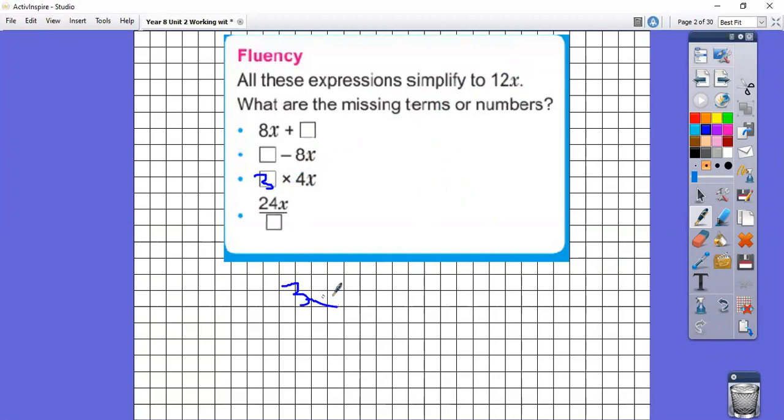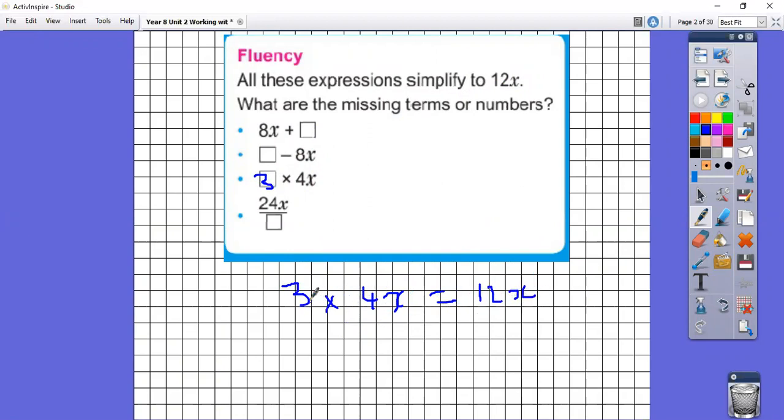Let me write this out again. 3 multiply here, not 3x, guys. It's 3 multiply 4x gives you 12x. 3 times 4 is 12, and 3 times x will give you 3x. So that's your 12x.